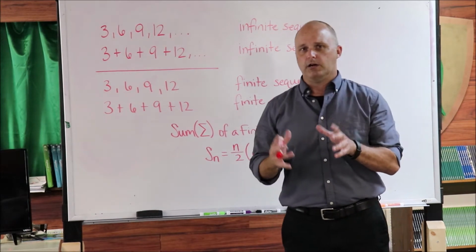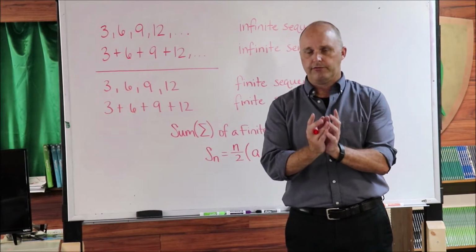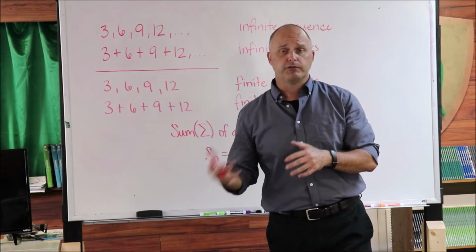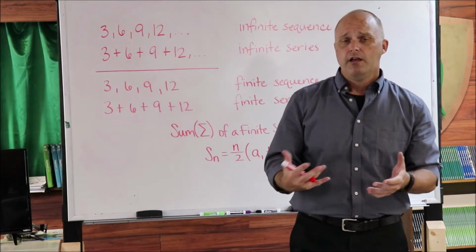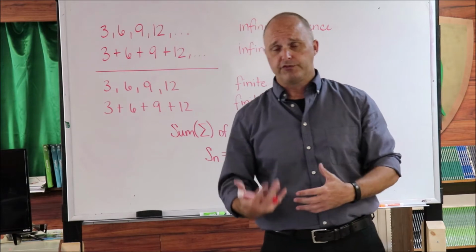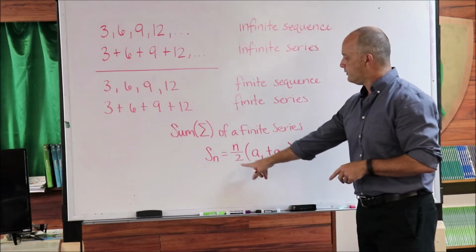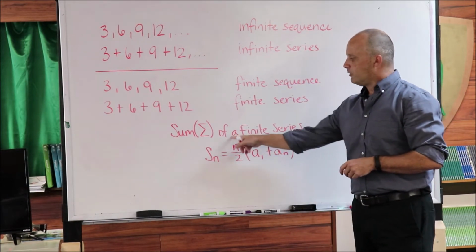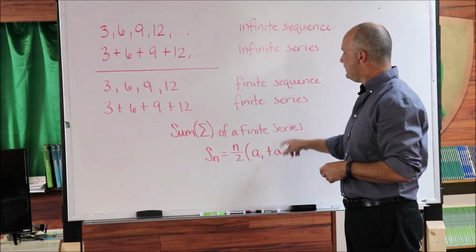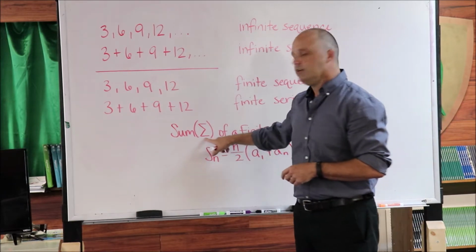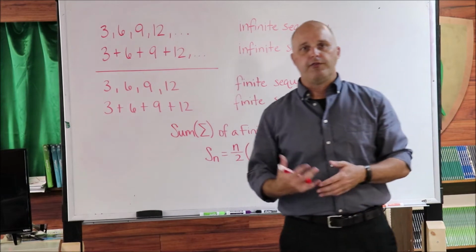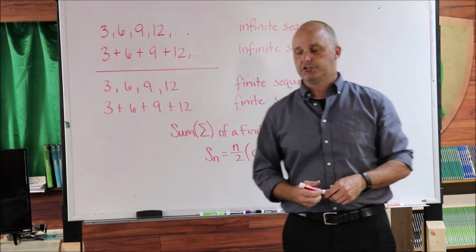But what if we don't have a small number of terms in our sequence or a small number of terms in our series? Then it's going to be more difficult to figure out what the sum is. So that's where we come in with this formula here. This is the formula for the sum of a finite series. And anytime you see the Greek letter sigma, you know that that means sum, or the answer to an addition problem.